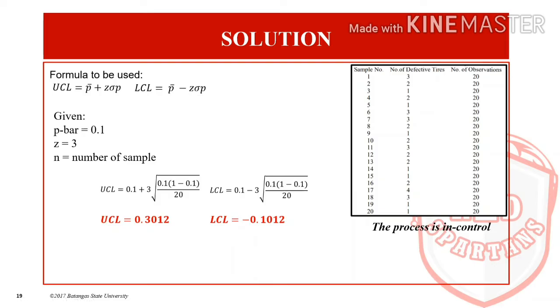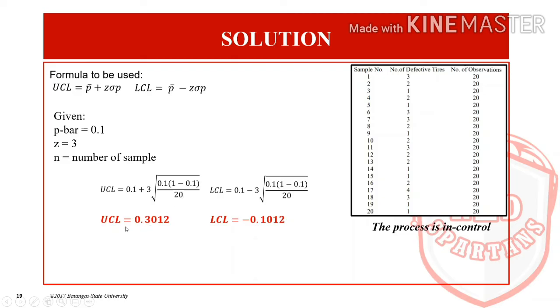Then, kunin natin yung kanyang UCL. UCL natin, 0.1, since yung P bar, plus 3 multiply sa, so ito yung formula for sigma P: square root ng P bar times 1 minus P bar over the number of sample, or 0.1 times 1 minus 0.1 over 20.